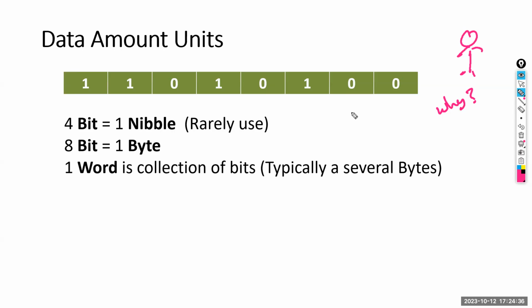You must now know why you are attending these sessions, classes, or why you are doing this A-level ICT subject: to find answers for those questions. Understand why it is 8 bits. Why is it not 10 bits? Because you guys have to build the future. In order to make the future, you must know the current reality, and you have to decide whether you want to change it, because the world is not the same forever. But you have to change it for the better, not for the worse.